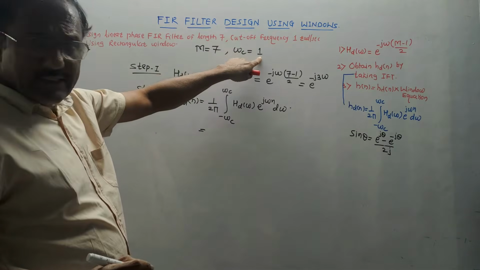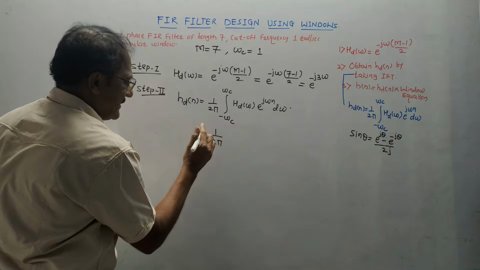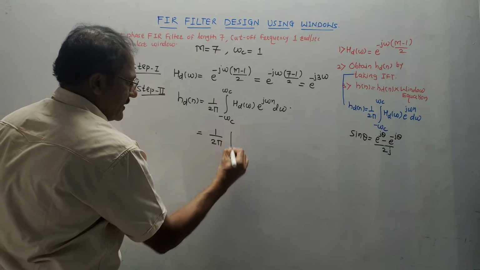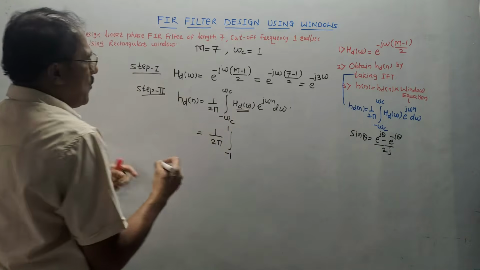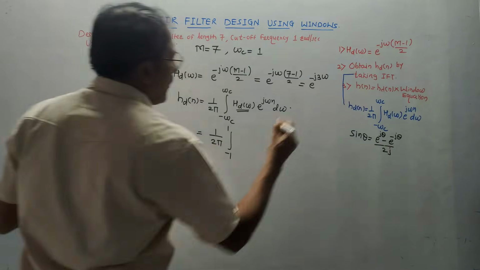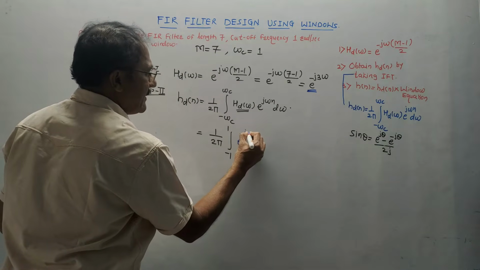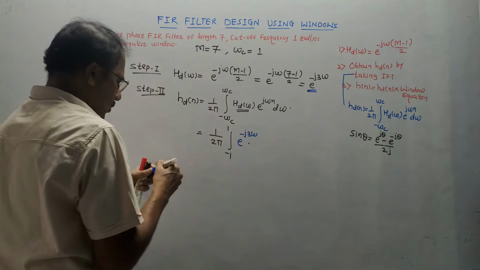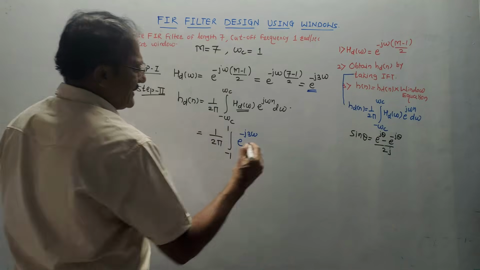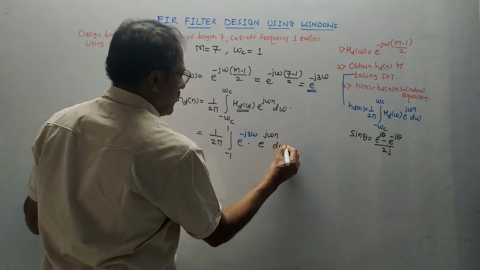Given value of omega c is 1. So this becomes 1 by 2 pi as it is, integration from minus 1 to plus 1. HD of omega means I need to put this value of HD of omega, that is e raised to minus j 3 omega, into the remaining term as it is, that is e raised to j omega n d omega.